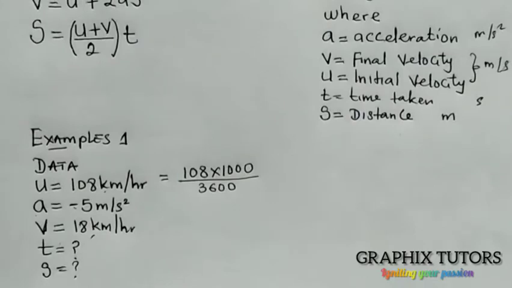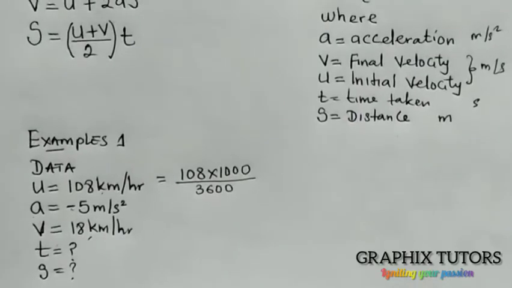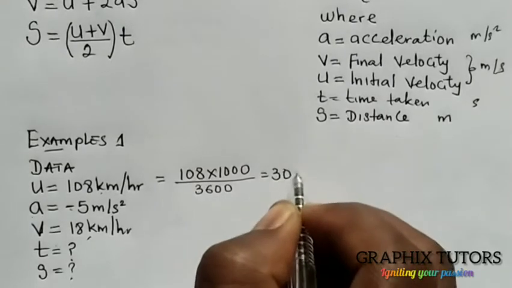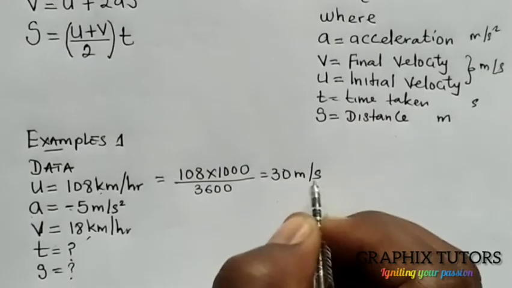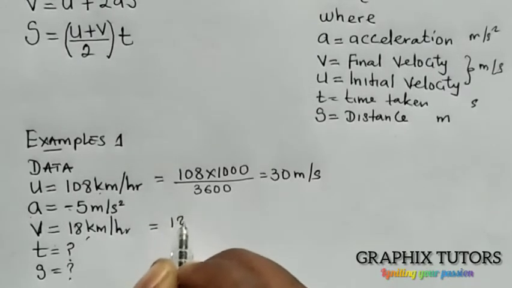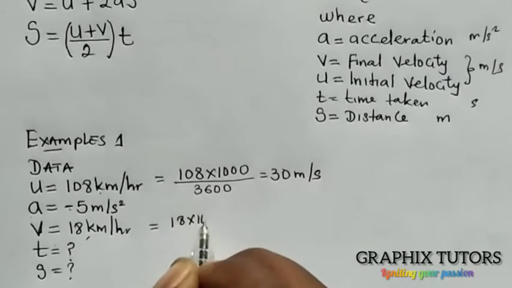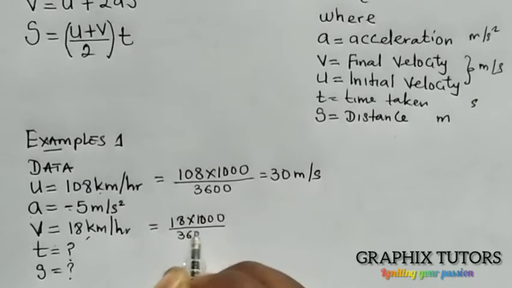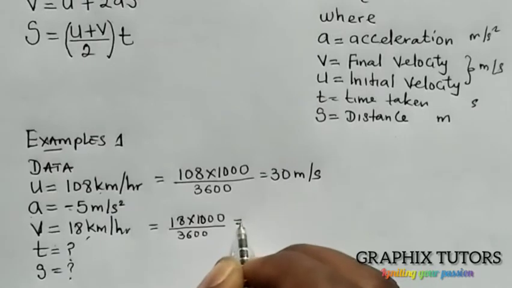By the time you divide this, that'll give us 30 meter per second. If we do the same thing, meaning 18 multiplied by 1000 all over 3600, to give us what?